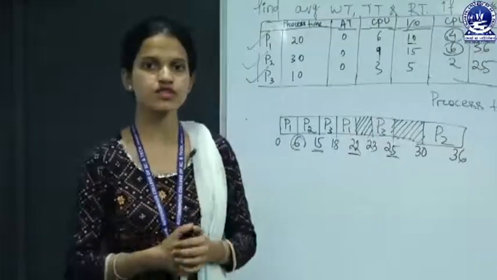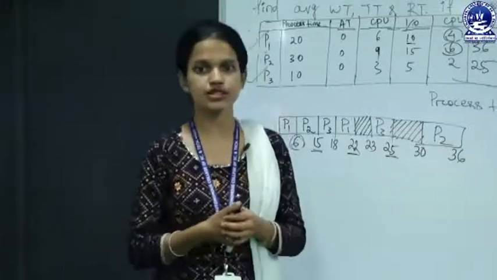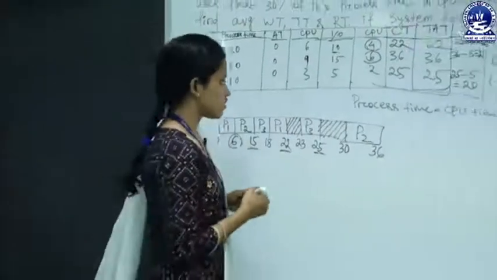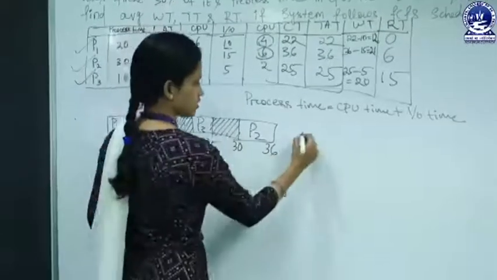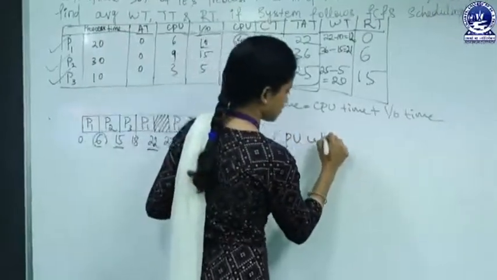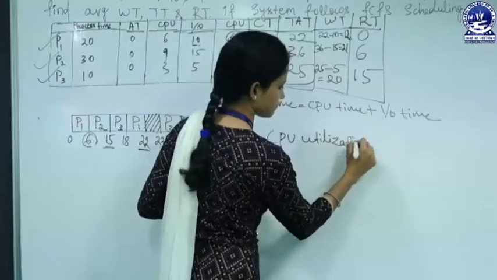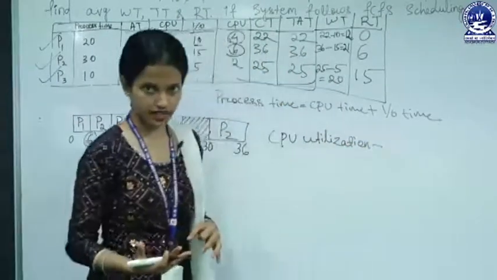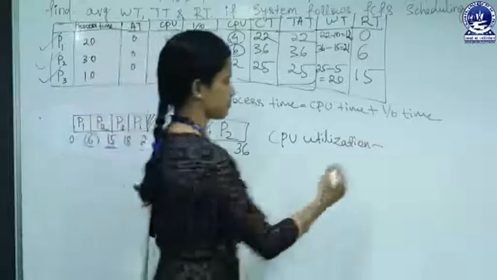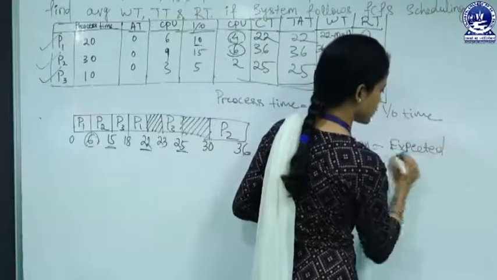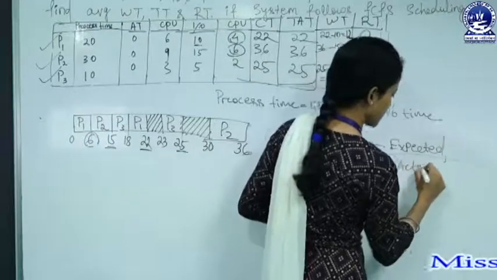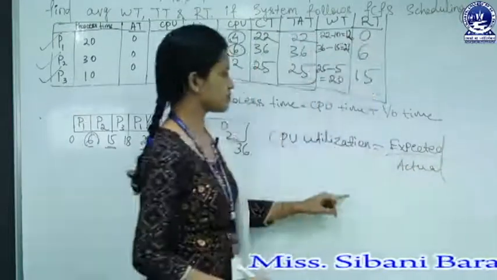Let us find out the CPU utilization. How to calculate CPU utilization? We have already discussed CPU utilization in the previous class, that is expected time divided by actual time. So, what is the expected CPU time?